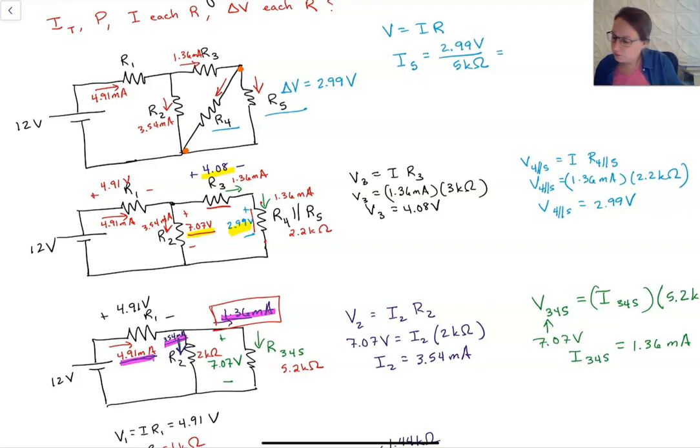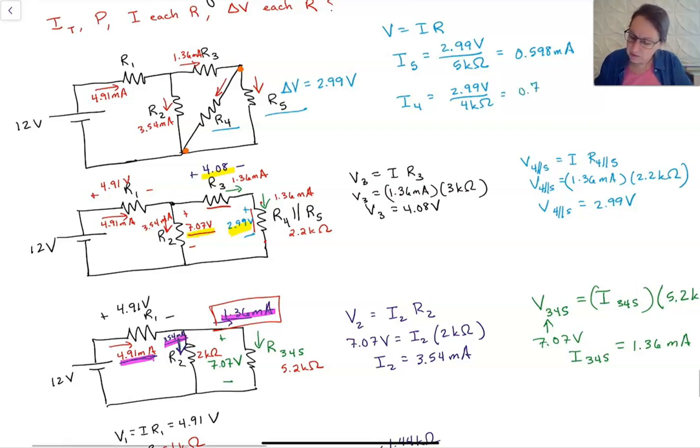So the current through 5 is 0.598 milliamps. And the current through 4 is 2.99 volts over 4 kiloohms, which is equal to 0.748 milliamps. When we add those together, we get basically this 1.36 or thereabouts.